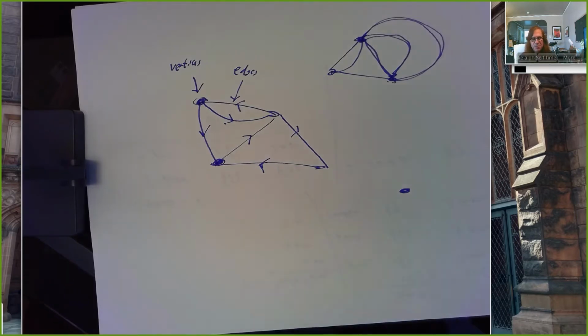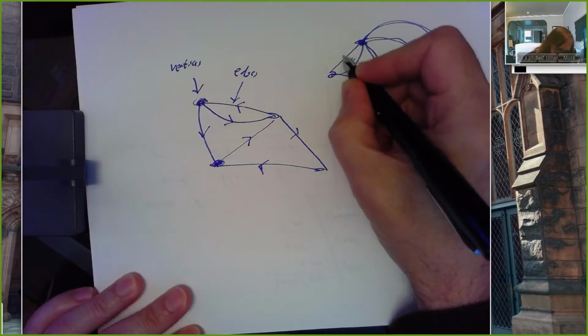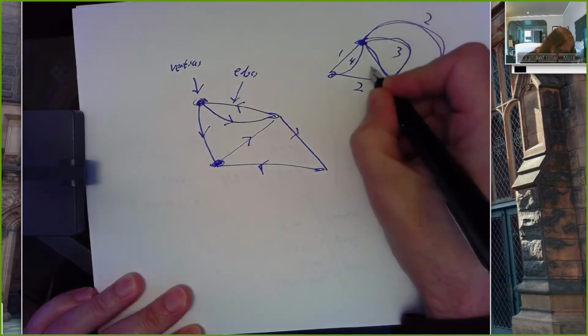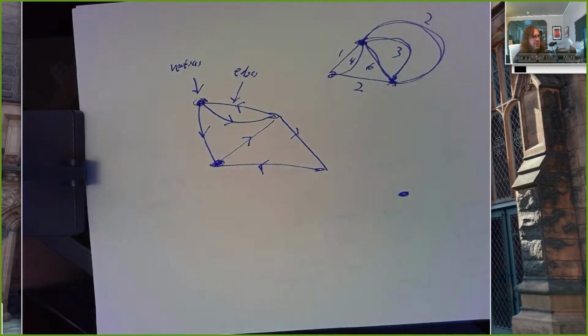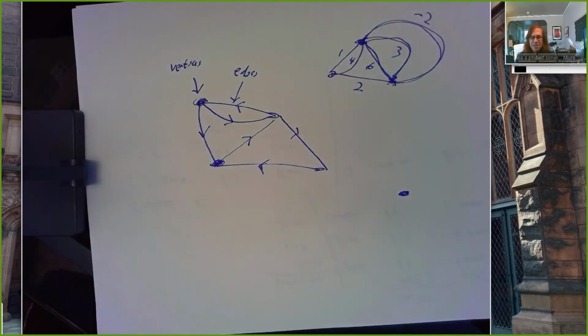Sometimes these are just plain edges, or sometimes they have values or weights associated with them. So we can have a weighted or an unweighted graph. These weights could represent distance or cost or time or something else. Sometimes these weights could be negative, or sometimes they're restricted to just being positive.